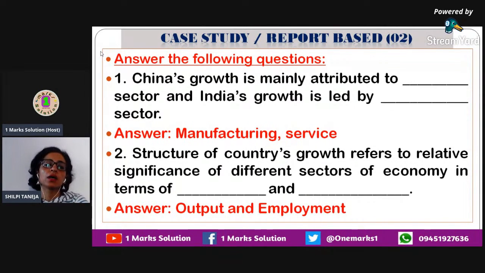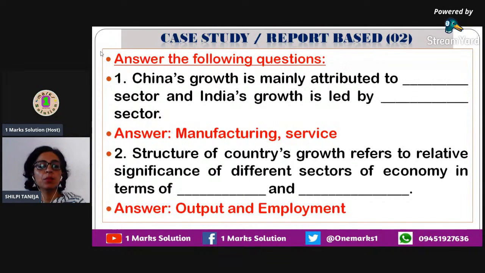So second question is, structure of the country's growth refers to the relative significance of different sectors of economy in the terms of, कैसे हम देखते हैं कितना output आ रहा है और कितना employment create कर रहा है. See, employment and output both are related.